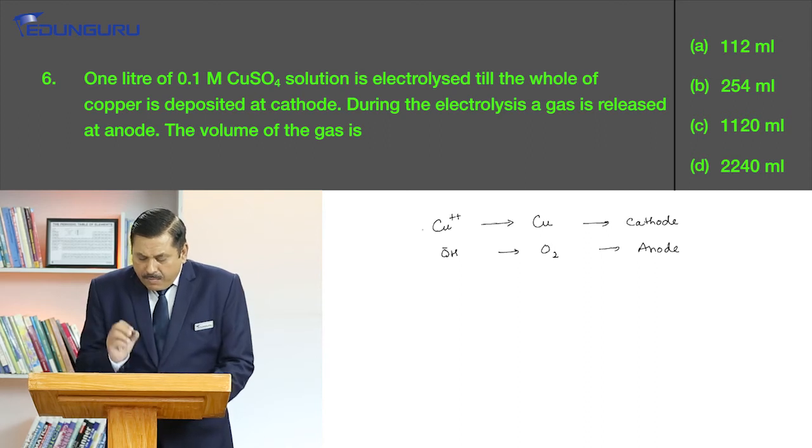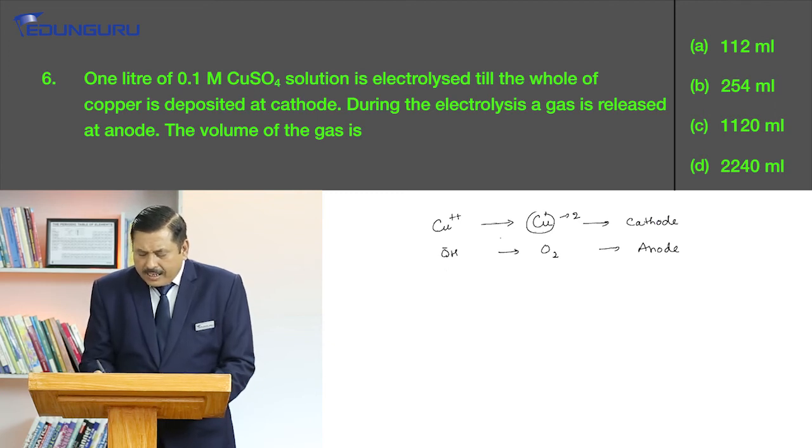Now, the N factor of copper in this reaction is 2, while for O2, it is in 0 oxidation state here and in -2 oxidation state here.